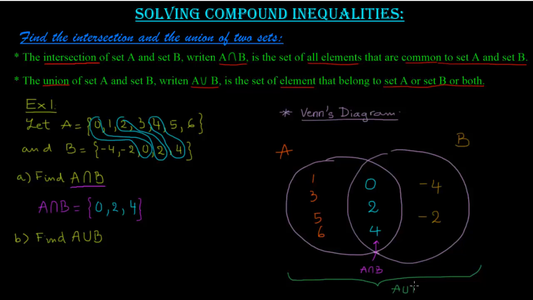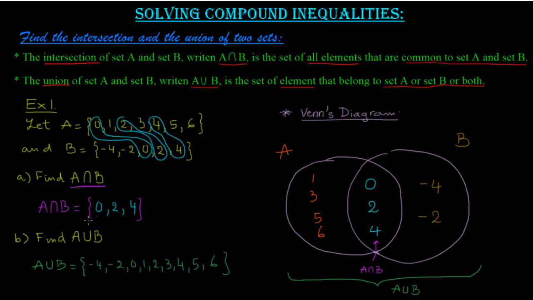A union B equals all the numbers. It's nicer to write the small numbers first, so we go with -4, -2, then 0, 1, 2, 3, 4, 5, and 6.